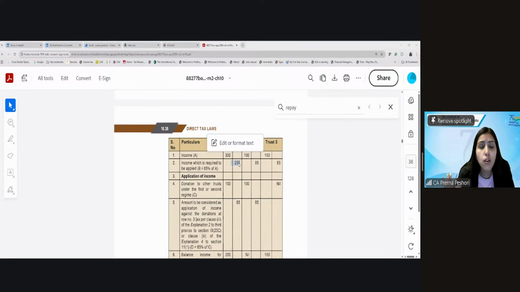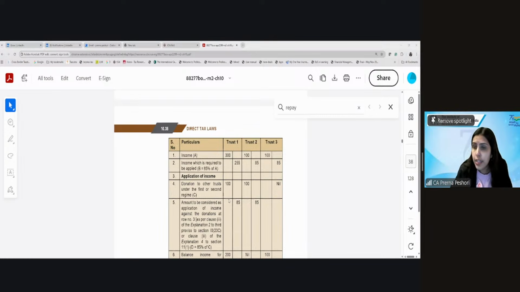Yes. Now, what I donate to another trust is 100. So this entire amount is not going to be considered as application. What is going to be considered as application is 85% of this 100, which comes to how much? 85. Yes or no? Yes. Correct.